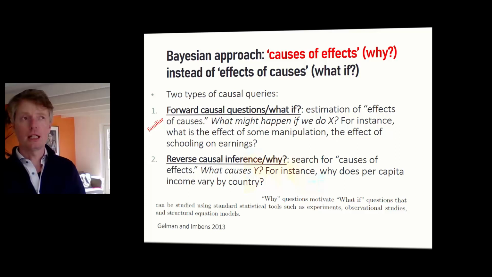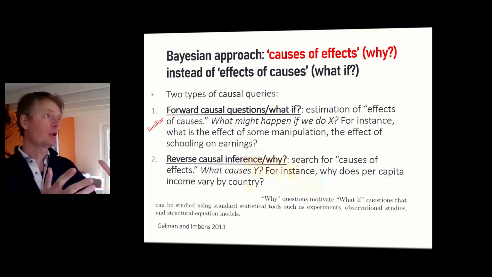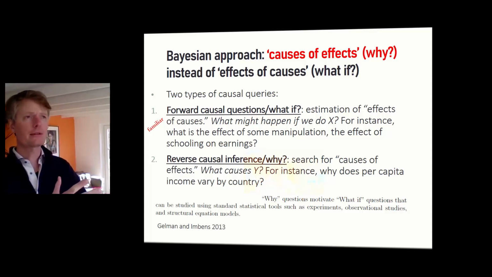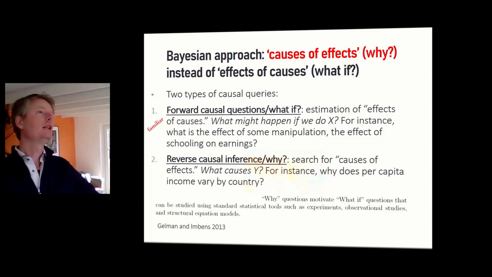And so that's more a why question. Why did this happen? What are the possible causes of this effect? Well, we have three of them, and now let's see how we can learn what the most likely cause is of the effect that we observe.